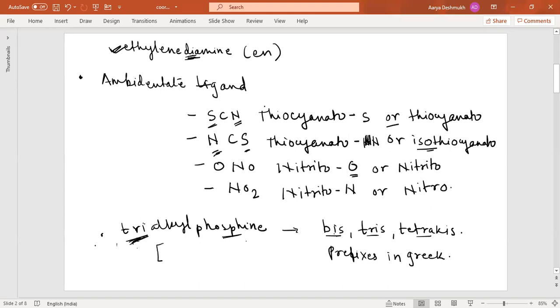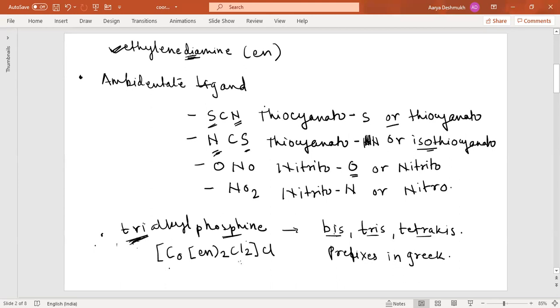If the complex is like this, with ethylene diamine, CoCl2. So while naming this, how do you name this? First we'll have to go alphabetically.